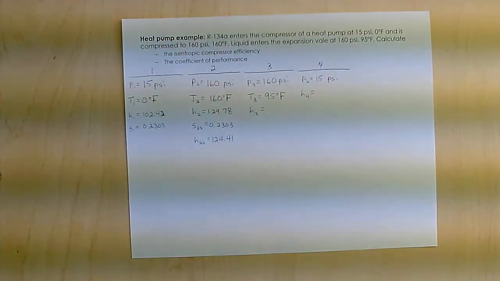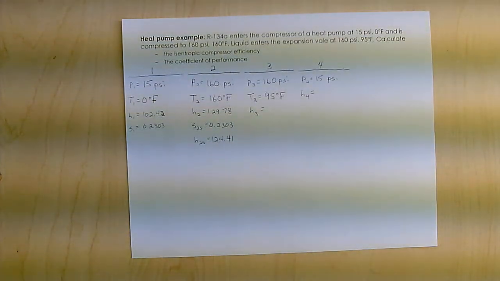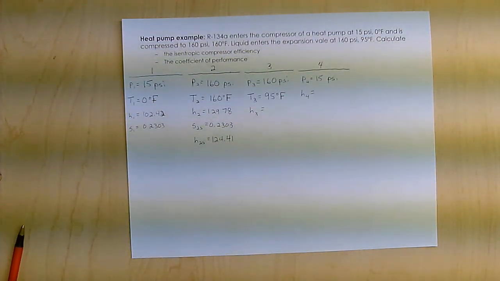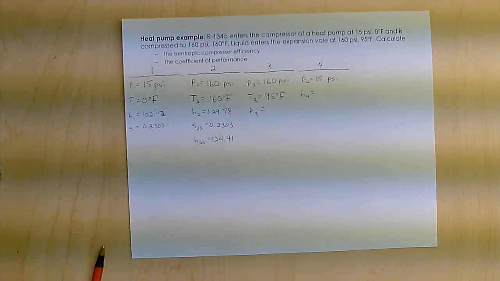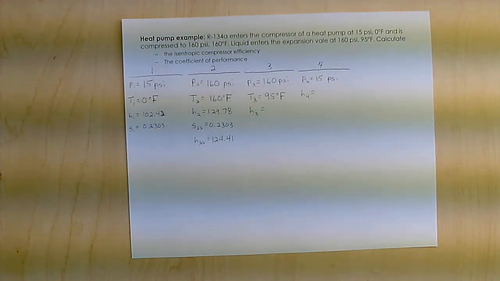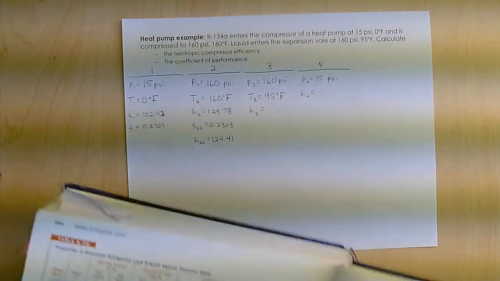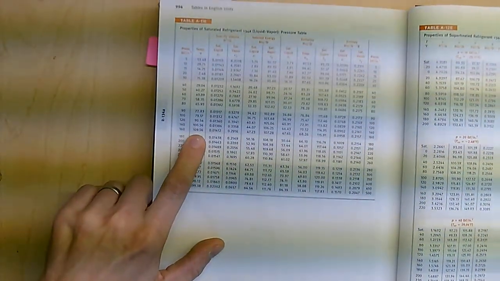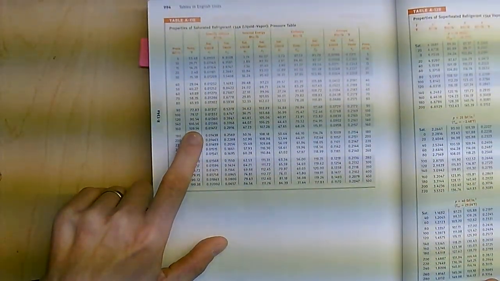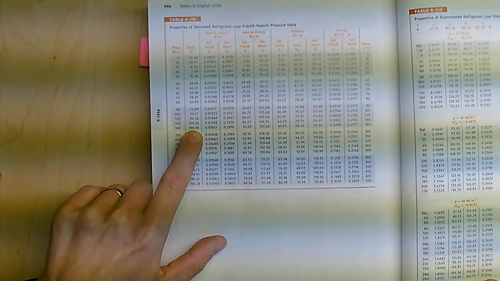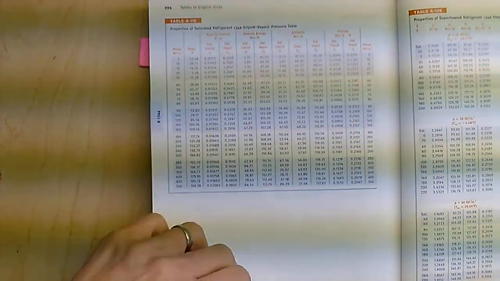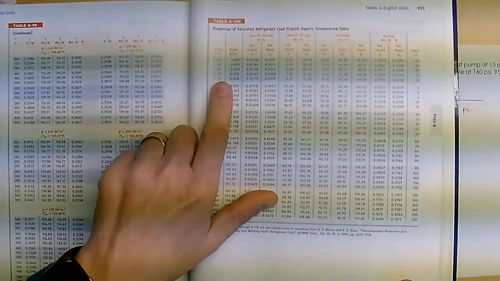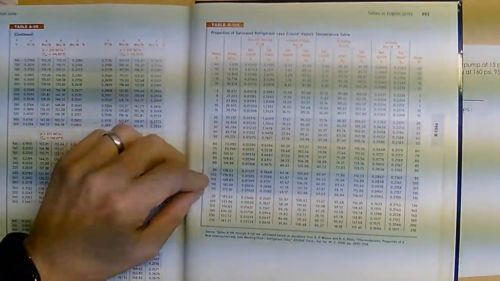So let's go here to state 3. It says it's a liquid. I do not have a vapor. And to prove to you that it's a liquid, let's go into the saturation tables at 160 psi, and you can see that the temperature at saturation is 109. Now I'm at 95, so I'm below that, so this is definitely a liquid. The way we treat that is as a saturated liquid, because I don't have a table for a compressed liquid.